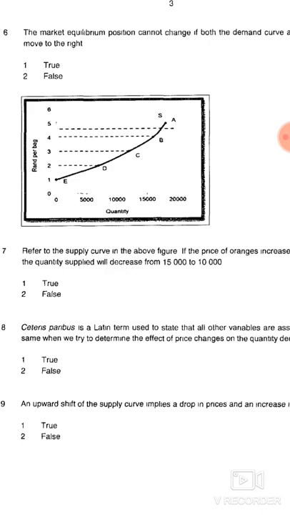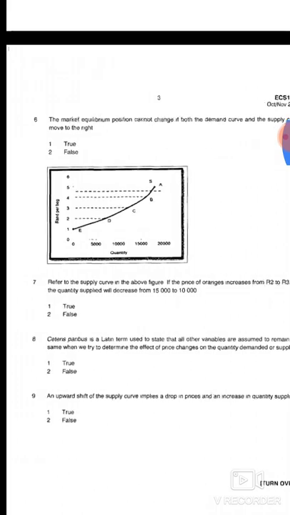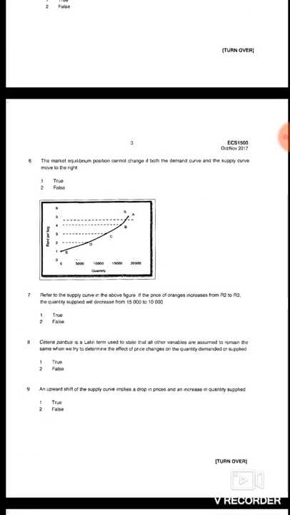So question number 7 says refer to the supply curve in the above figure. If the price of oranges changes from 2 rand to 3 rand, the quantity supplied will decrease from 15,000 to 10,000.